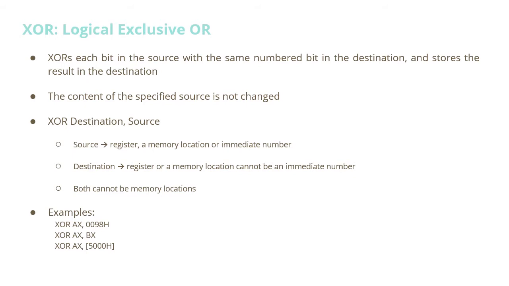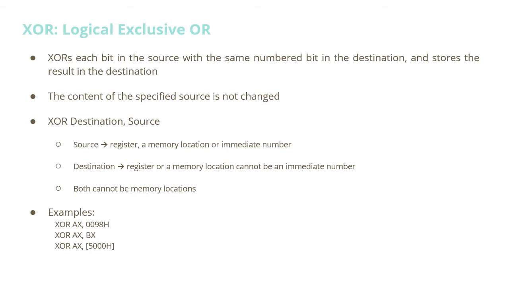So the contents of the AX register and the immediate number 0098H are the two operands, and a bitwise exclusive OR is being performed between these two numbers, and then the result of the operation will be stored in the AX register. Next example is XOR AX, BX, where the two operands are the contents of the registers AX and BX. A bitwise exclusive OR is being performed, and then the result will be stored in AX.